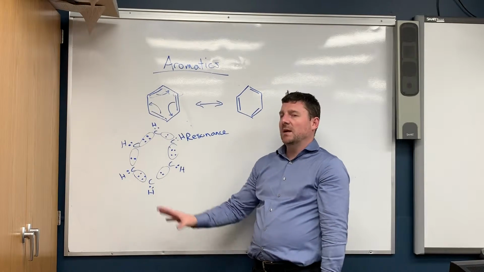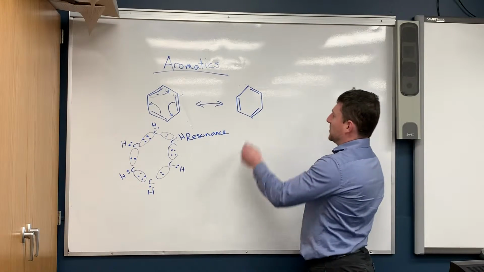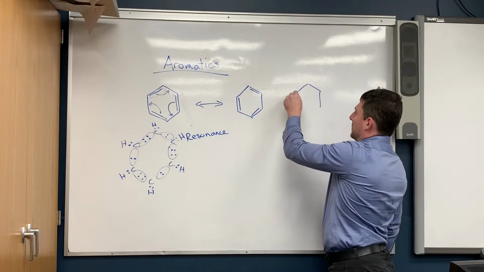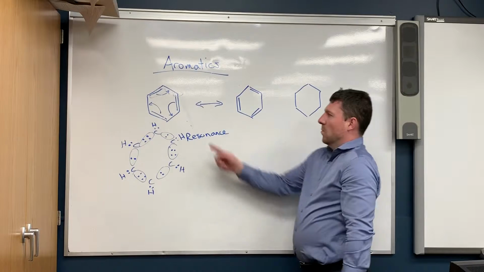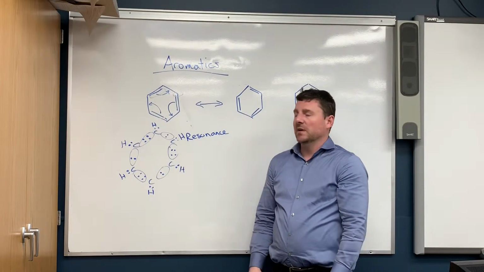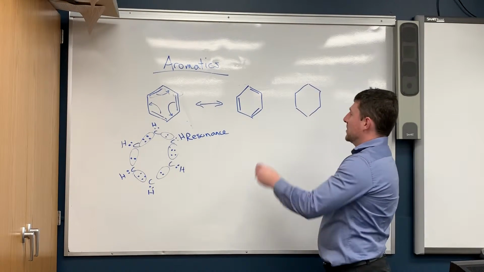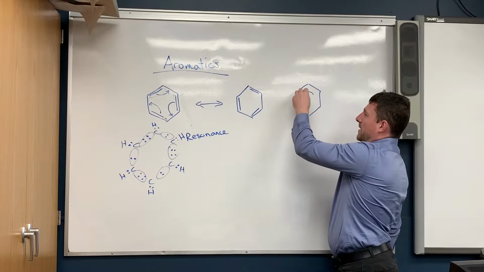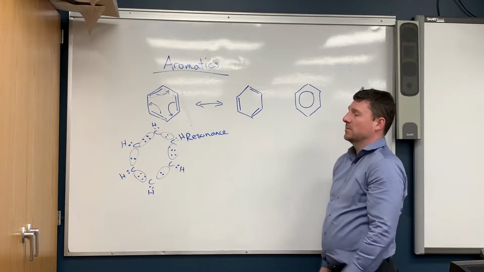And so that's why sometimes you see benzene not written as one or the other of 2 resonance structures, but as a hexagon with a ring drawn in the middle.